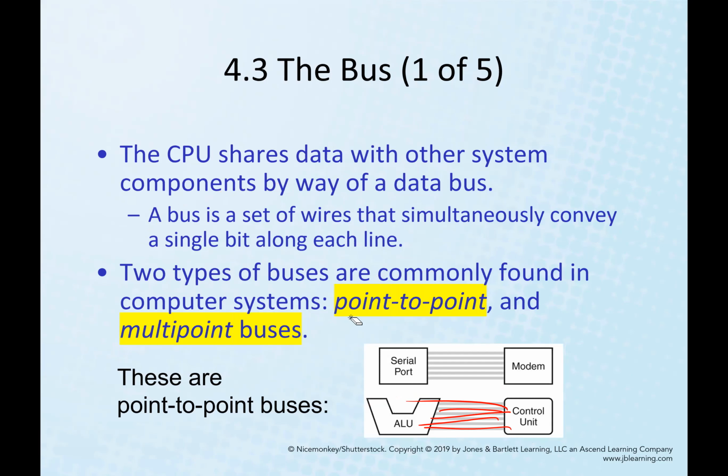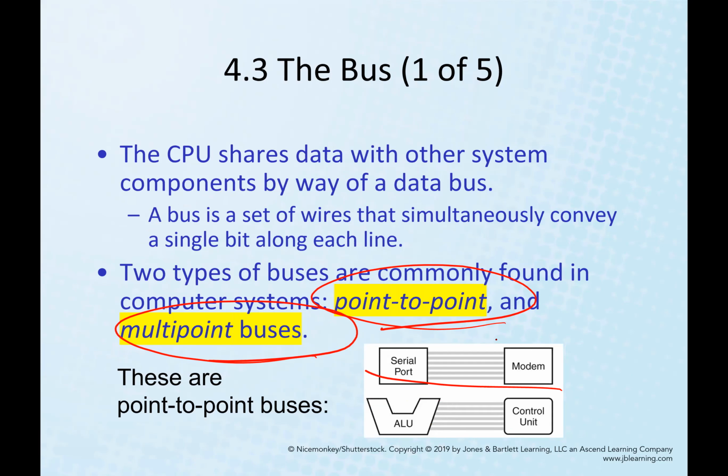Two types of buses are commonly found in computer systems: point-to-point and multi-point buses. Point-to-point buses are connected exactly between two components, for example, from the mouse to the case. That's it.